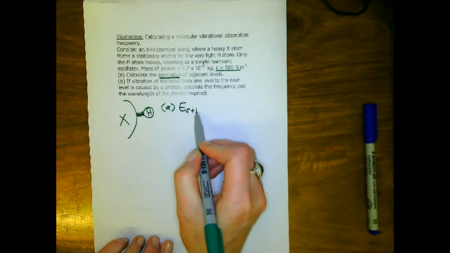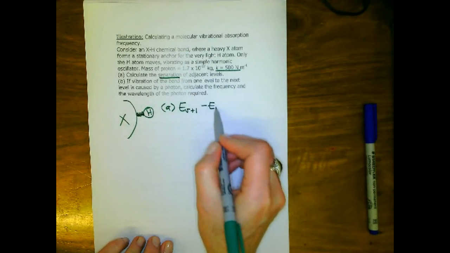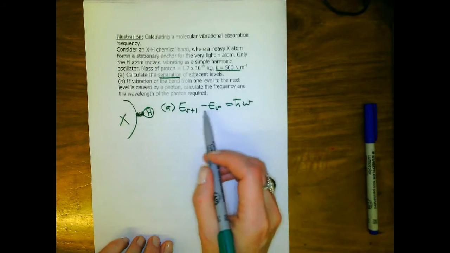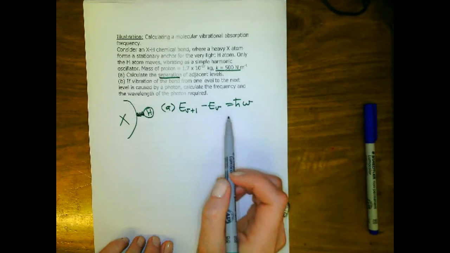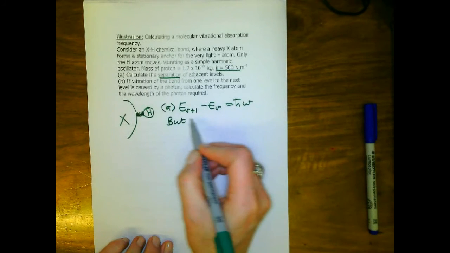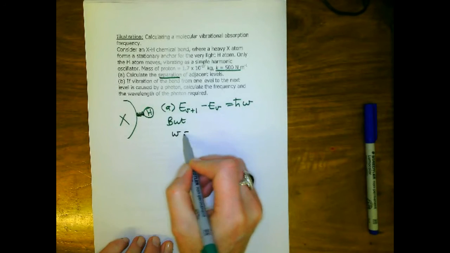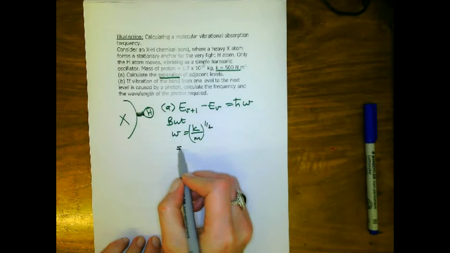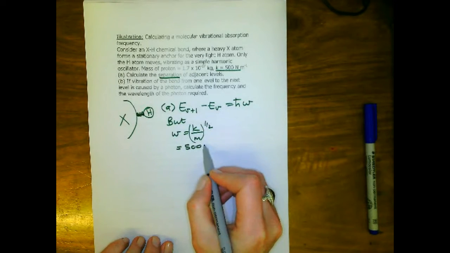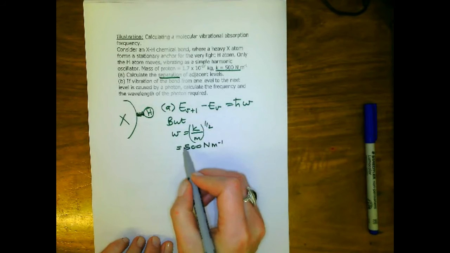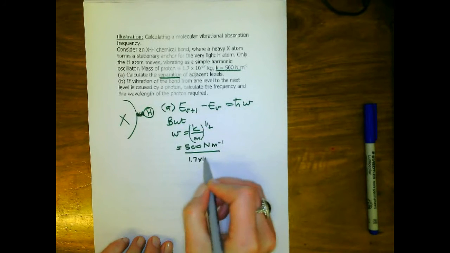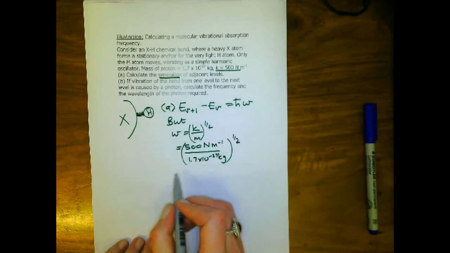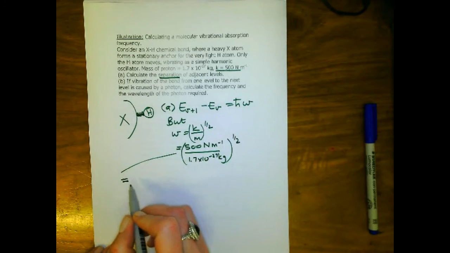So we've seen this equation before, stating that the separation is equal for any two consecutive energies. But we also know that omega is equal to that. So we can calculate omega using the force constant and the mass, and you can get an answer for that.